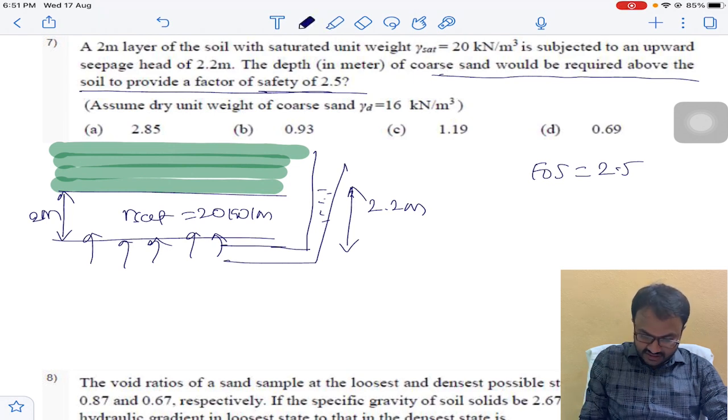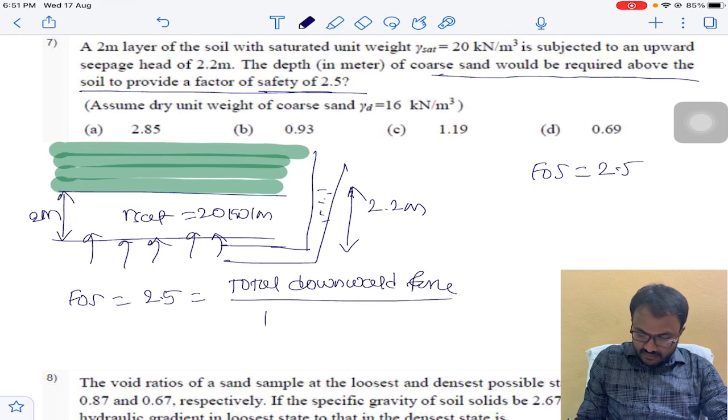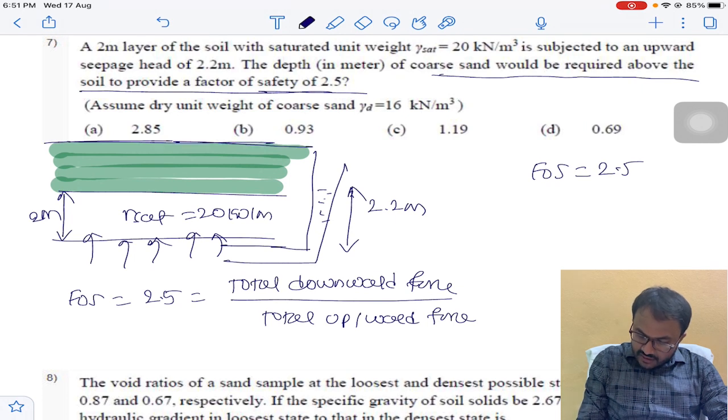So now the solution: factor of safety is equal to 2.5, that is total downward force divided by total upward force. I am taking this coarse sand layer height as x, and he has given the dry unit weight of this coarse sand layer is 16 kN per meter cube.